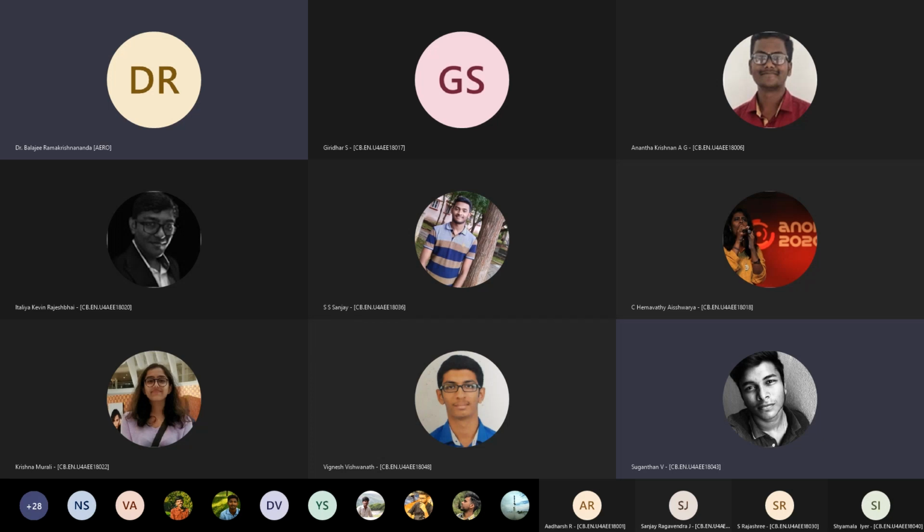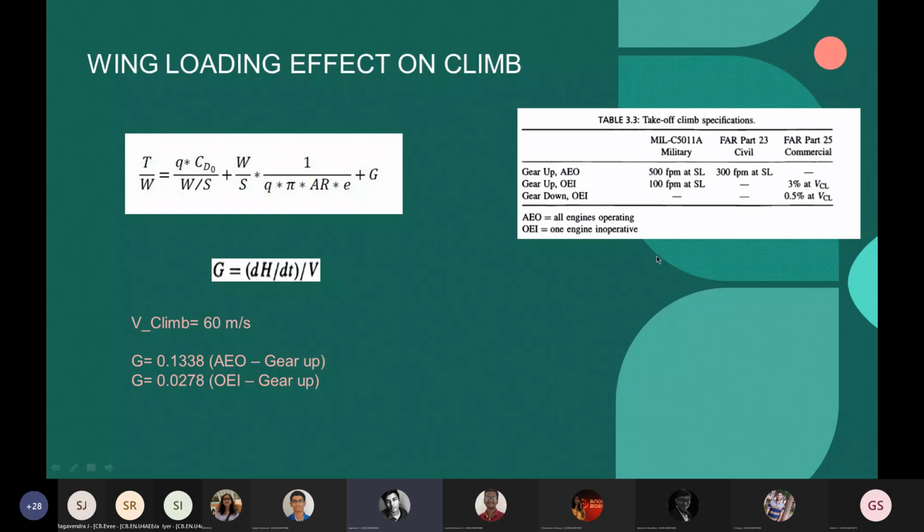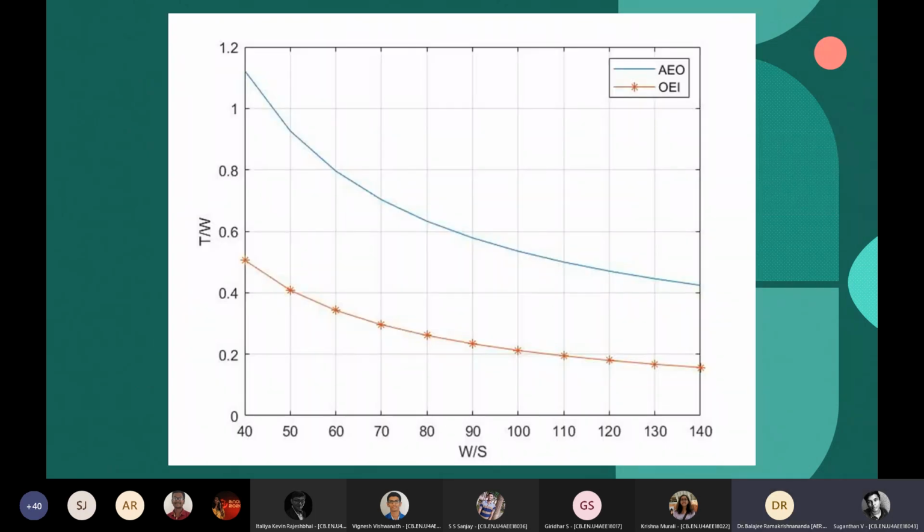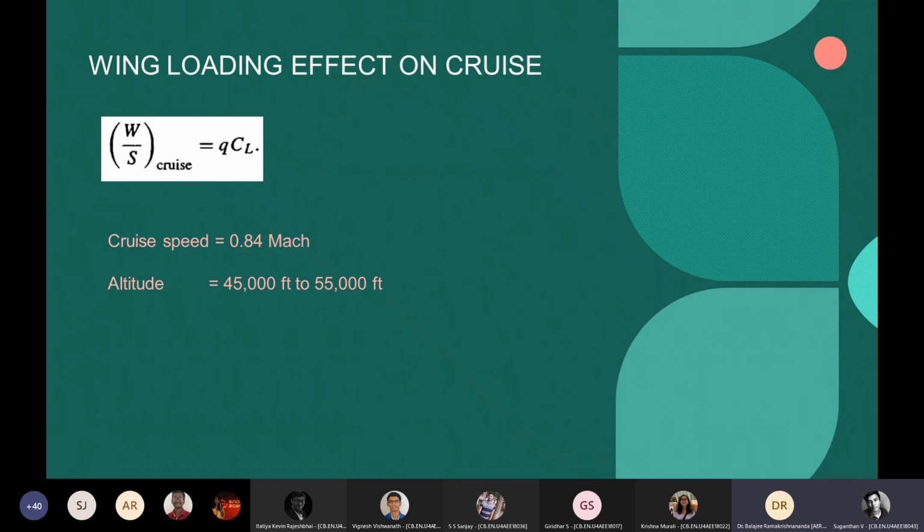Maybe it's closer there. Check whether you have to multiply the T by W by 2 in your lower graph. Just check it out. So can I proceed? Yeah. Later you check out what I've seen.